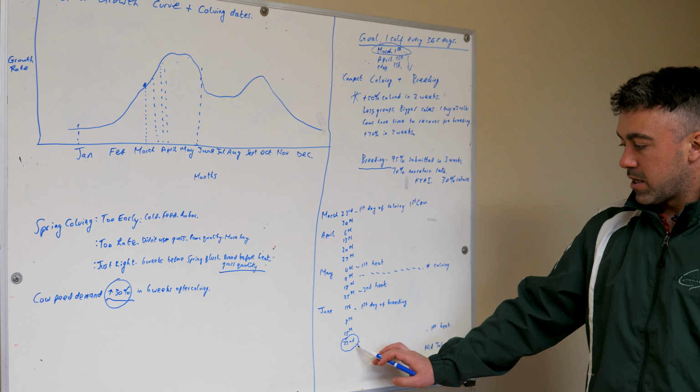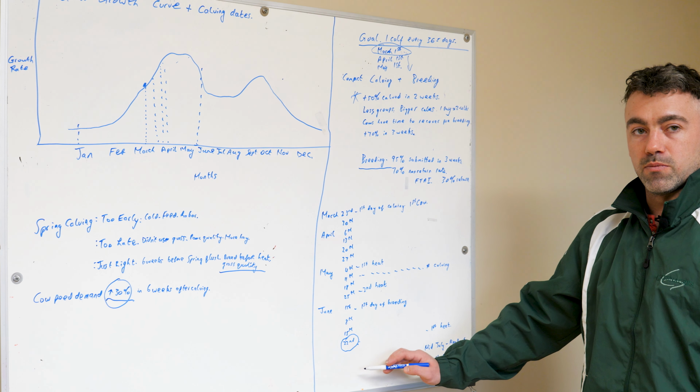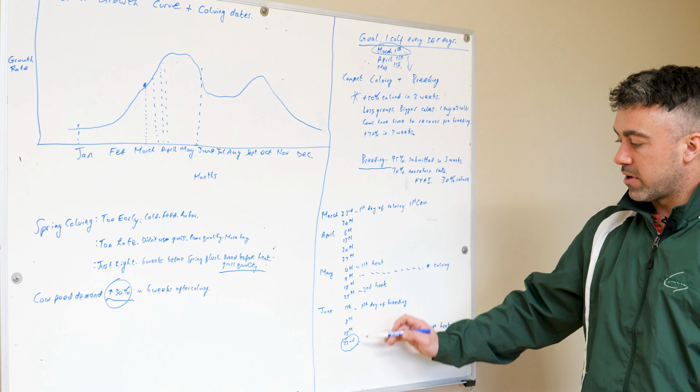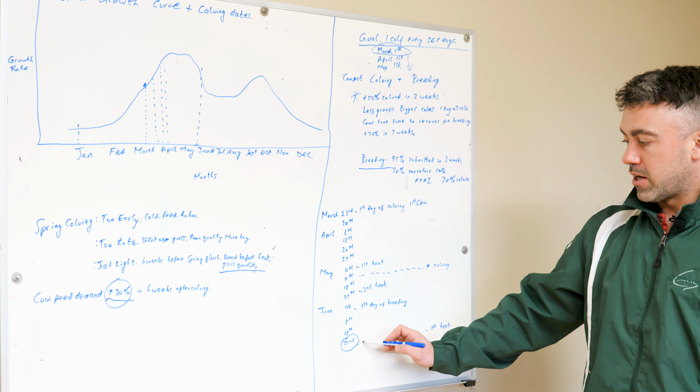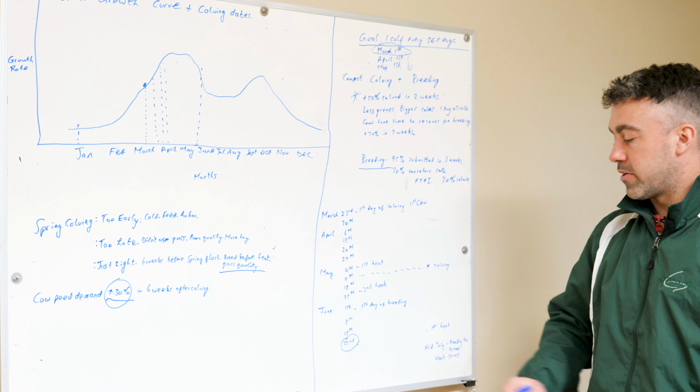The issue here is that she has very little window of opportunity in the breeding period to actually get pregnant again. Because she started so late calving, she's not ready to start conceiving again until pretty much halfway through the breeding period.